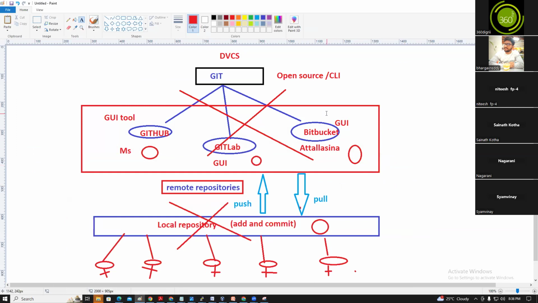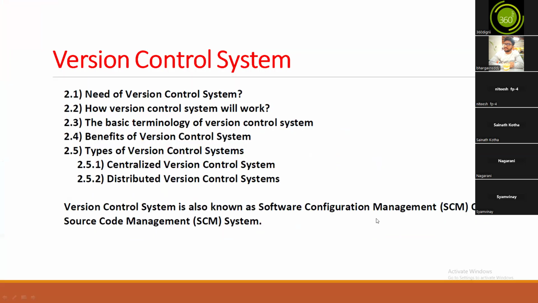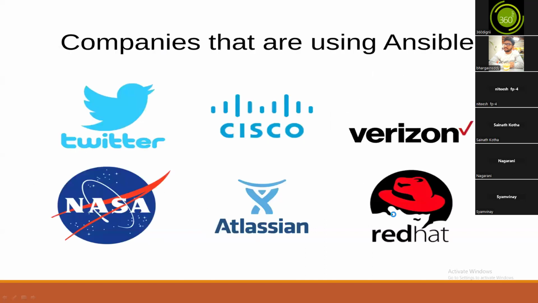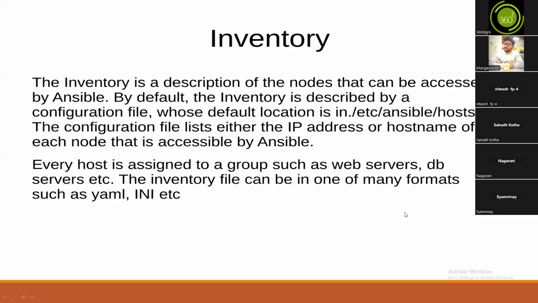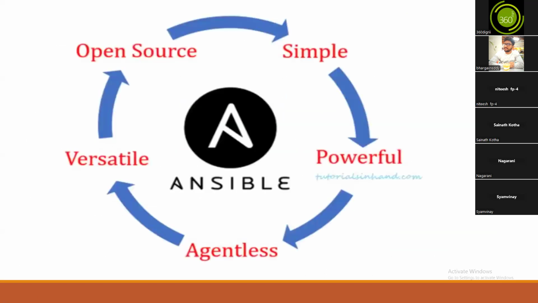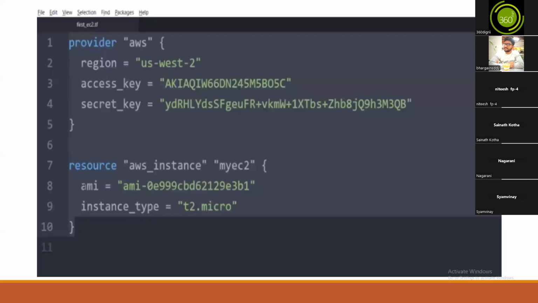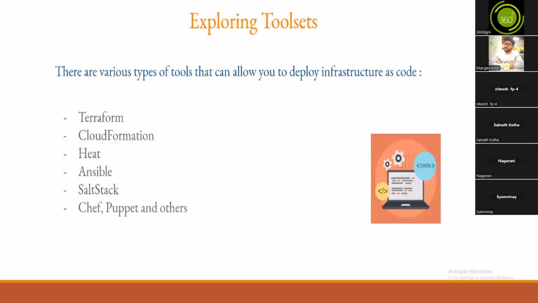So why is DVCS more popular than CVCS? CVCS has only a centralized server, and we can directly push our code into the centralized version control system.